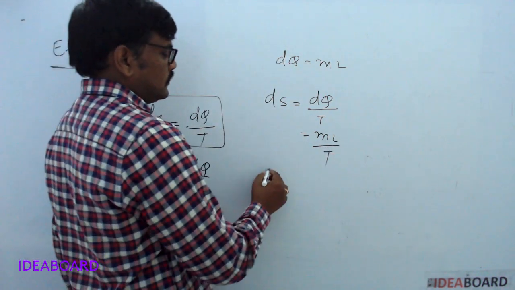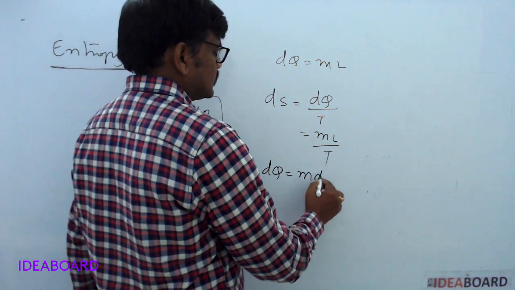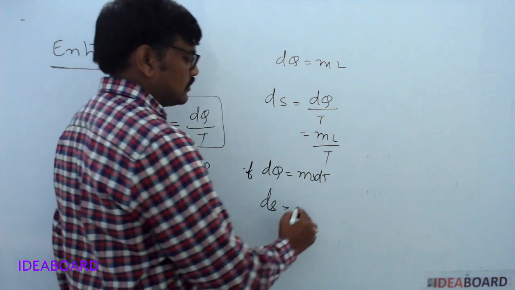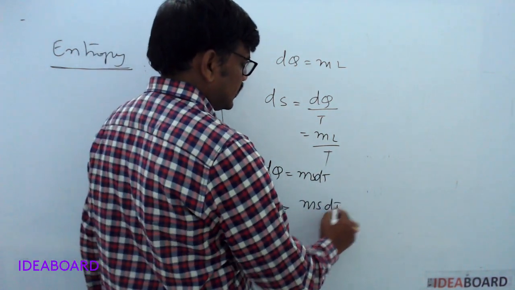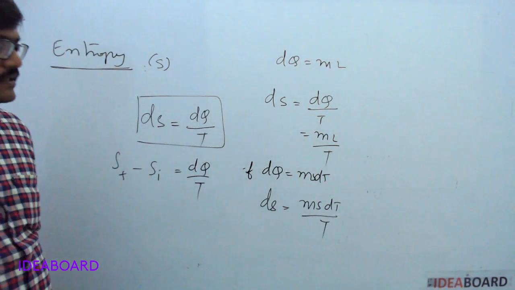And if dQ equals m s dT, then the change of entropy dS equals m s dT by T, if the temperature of the system increases.